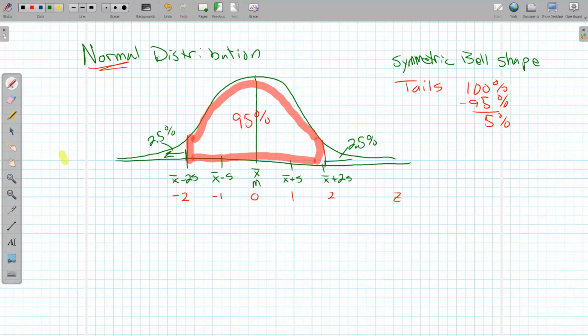So if somebody has a score that's 2 standard deviations above, okay, what do I know about it? Well, they're 2 standard deviations above average.